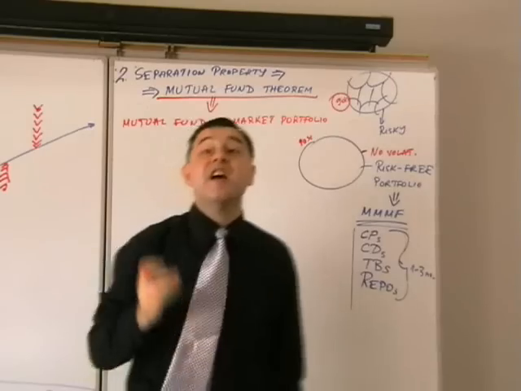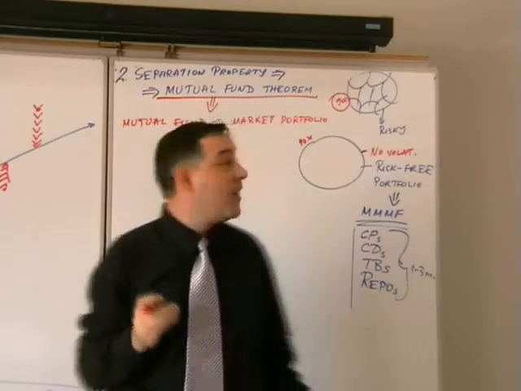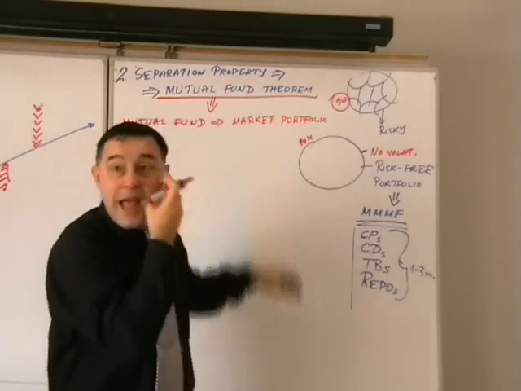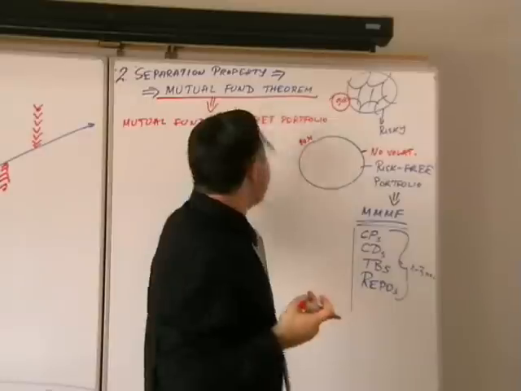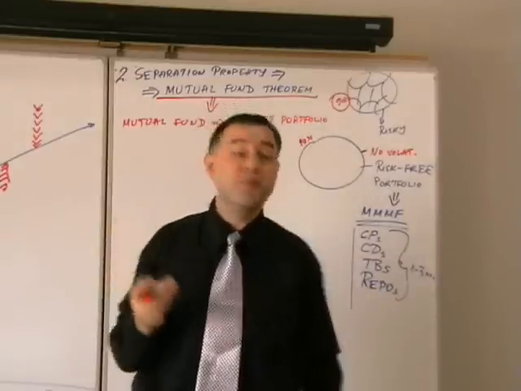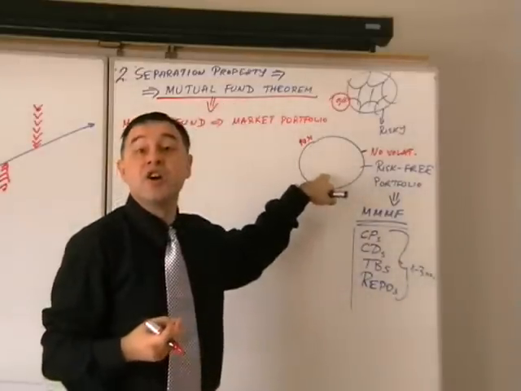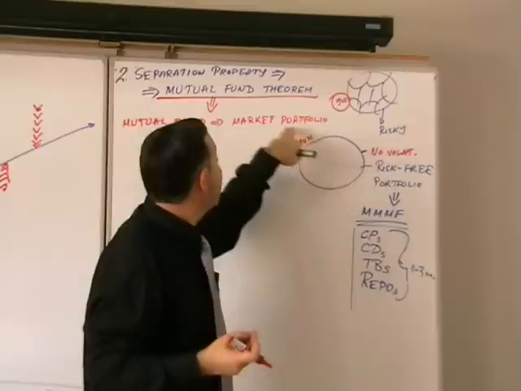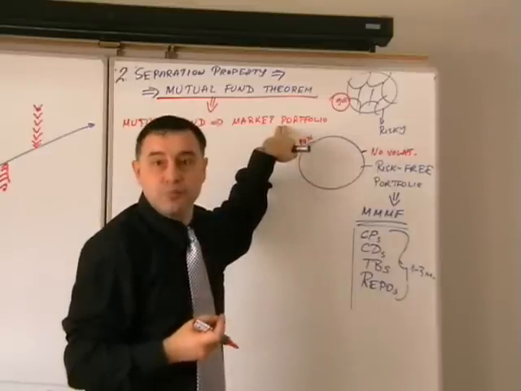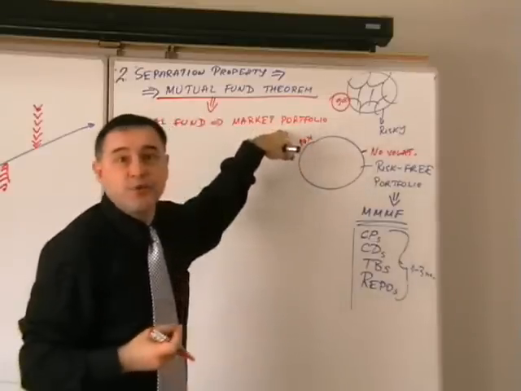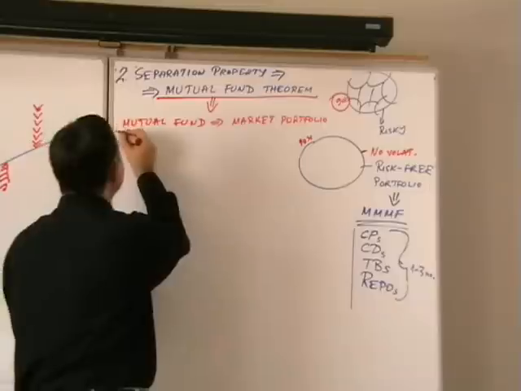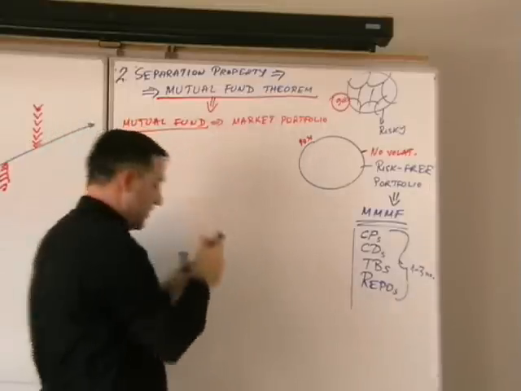In other words, a very well diversified portfolio, and everybody will be investing between some risk-free asset and this particular market portfolio. But this market portfolio is simply held in a mutual fund.